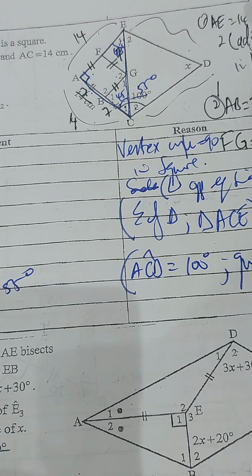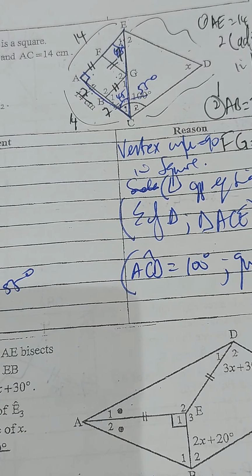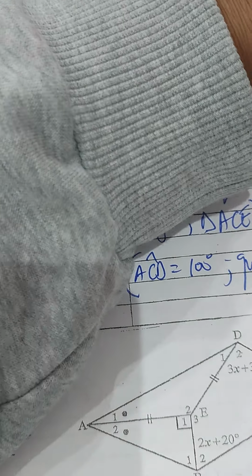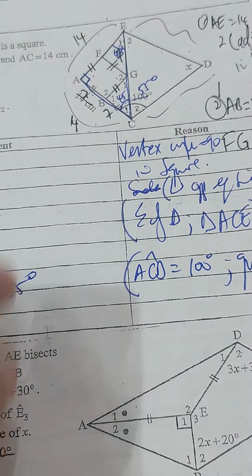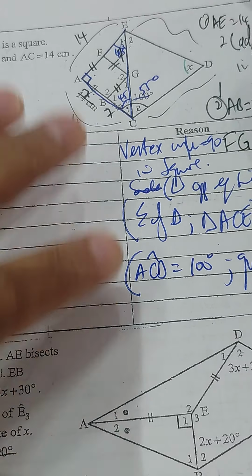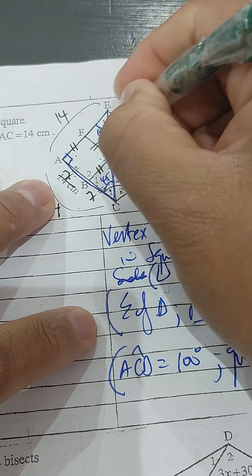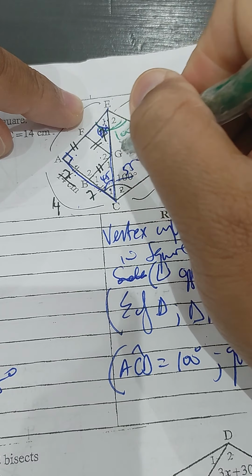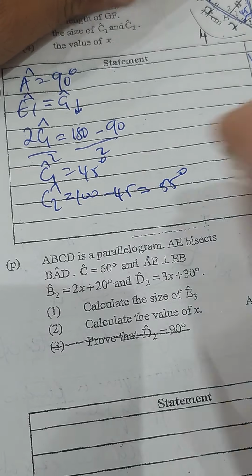Now they want to know the size of angle X. Okay. Let's change my color here. You see where X is lying. Okay, we know this angle here is going to be 100 degrees. How do we know that? One pair of opposite angles equal in a kite.